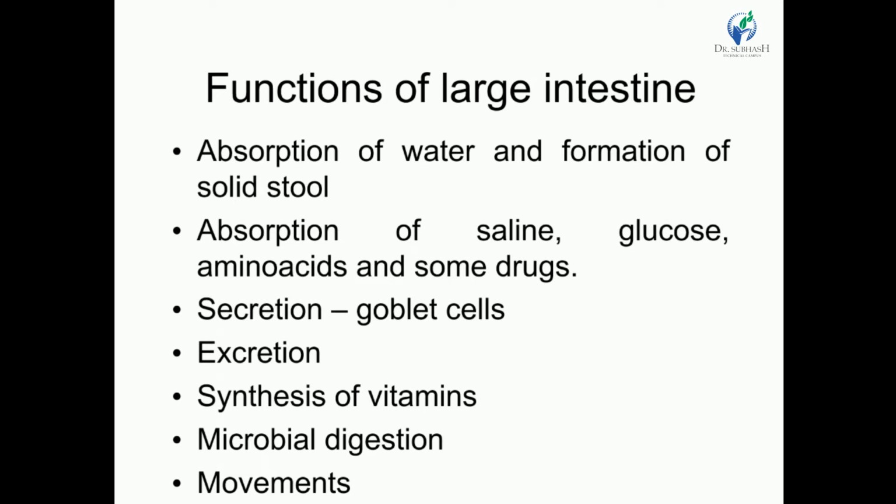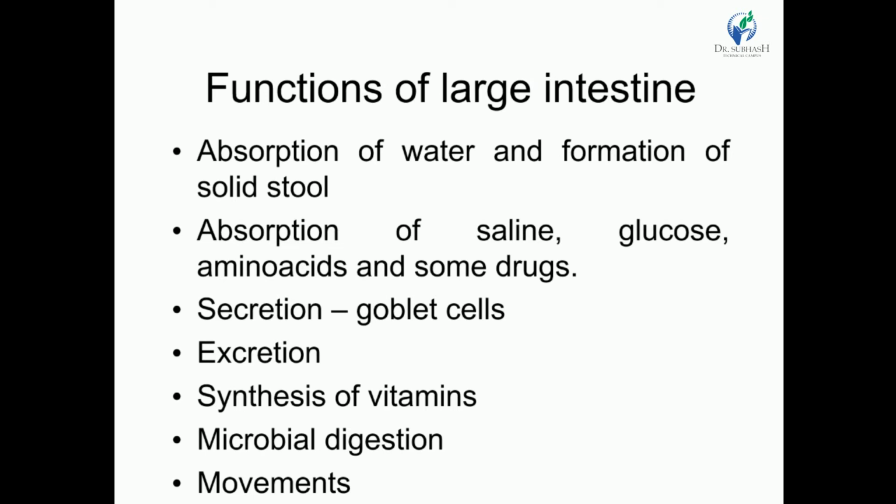Excretion: certain heavy metals are extracted from the blood directly into the colon, and they are passed out with the help of feces. Next, the synthesis of vitamins by bacteria. There is a presence of certain bacteria in the colon which form vitamins. The colon has an established microflora, right?